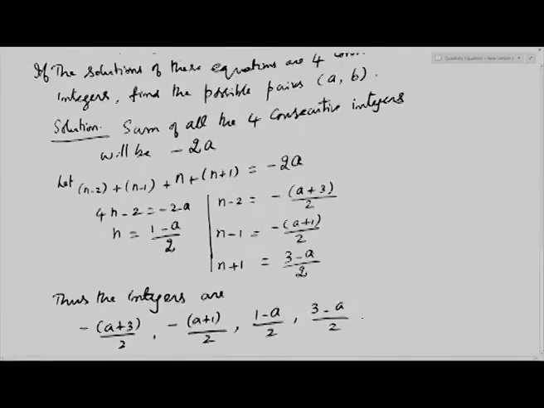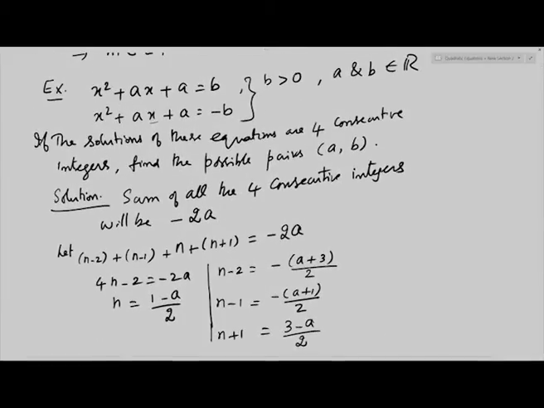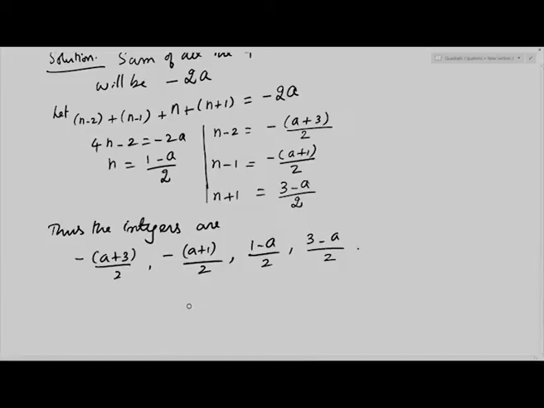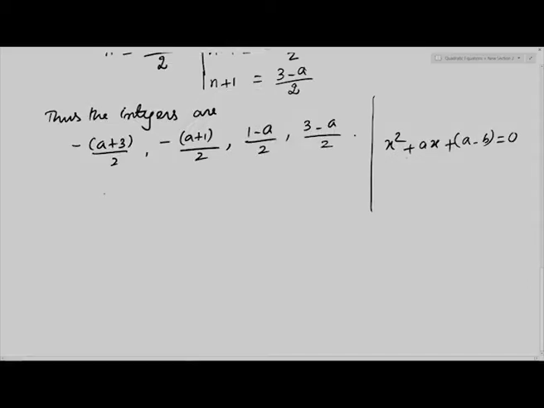And now look at the equation. Let us for instance take the first equation, x square plus ax plus a minus b is equal to 0. So, these are the 4 roots. Now, you see, the sum of the roots of this equation is minus a.